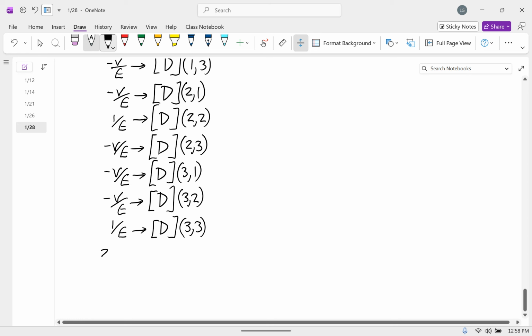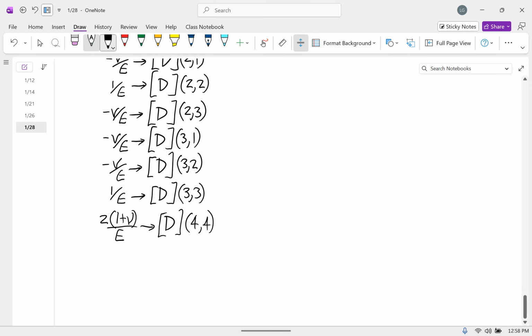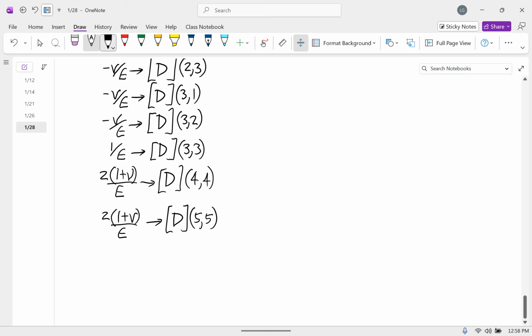So then 2 times 1 plus nu over E, store that in D 4, 4. 2 times 1 plus V over E, store that in 5, 5. And 2 times 1 plus V over E, store that in 6, 6.